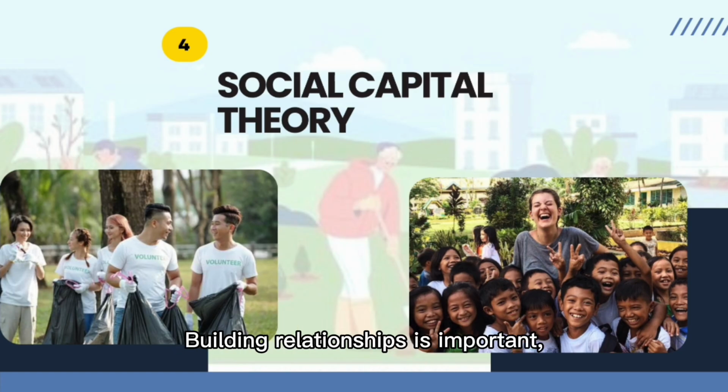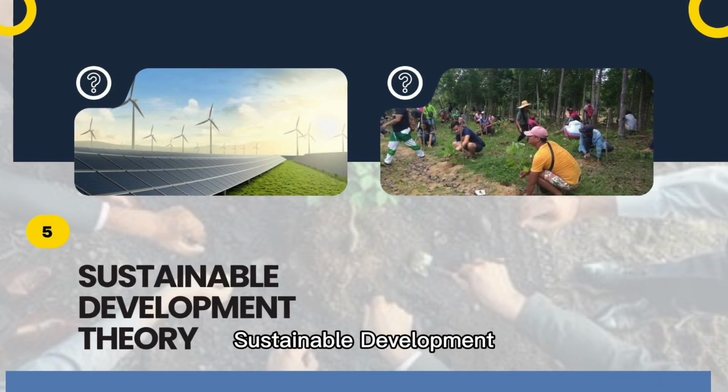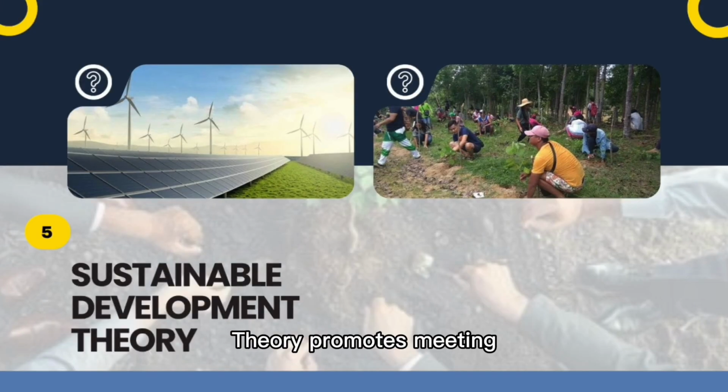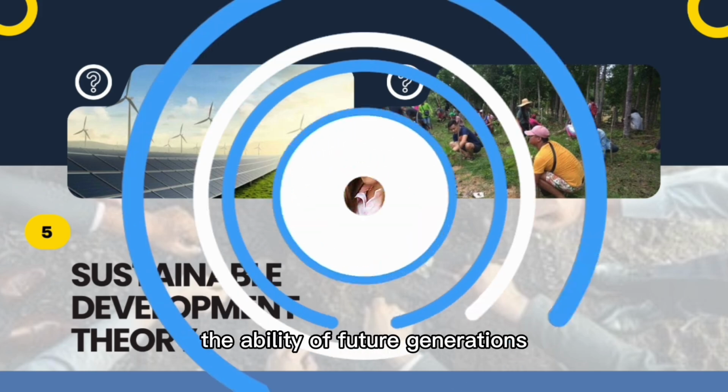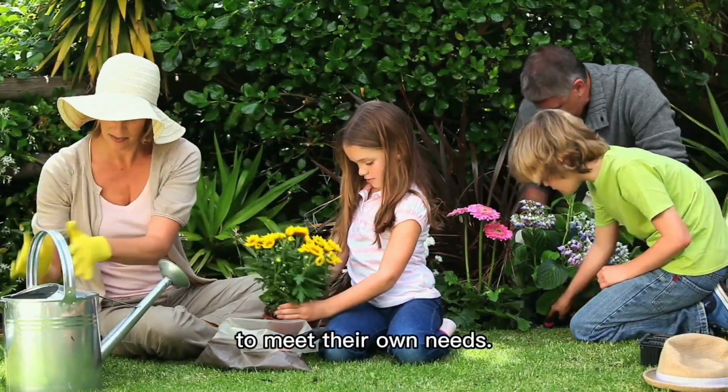Building relationships is important, but development must also ensure that progress can be sustained for future generations. Sustainable development theory promotes meeting present needs without compromising the ability of future generations to meet their own needs.